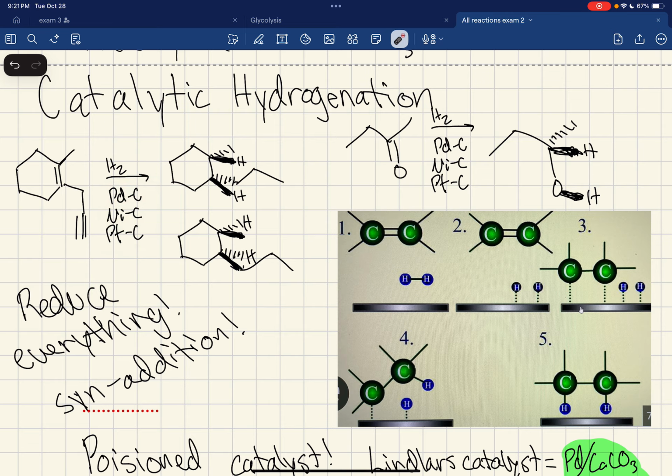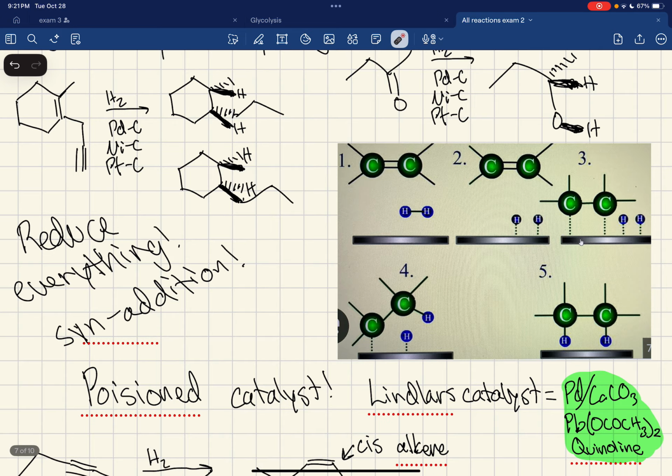The hydrogen kind of bonds to it, and then the double bond or triple bond binds to that, and then adds those hydrogens. Because it happens like this, the hydrogens will always add syn to each other, so there's syn addition on the same side. With these reagents and H2, you can also do this to a carbonyl. Once again, syn addition. It basically reduces everything.